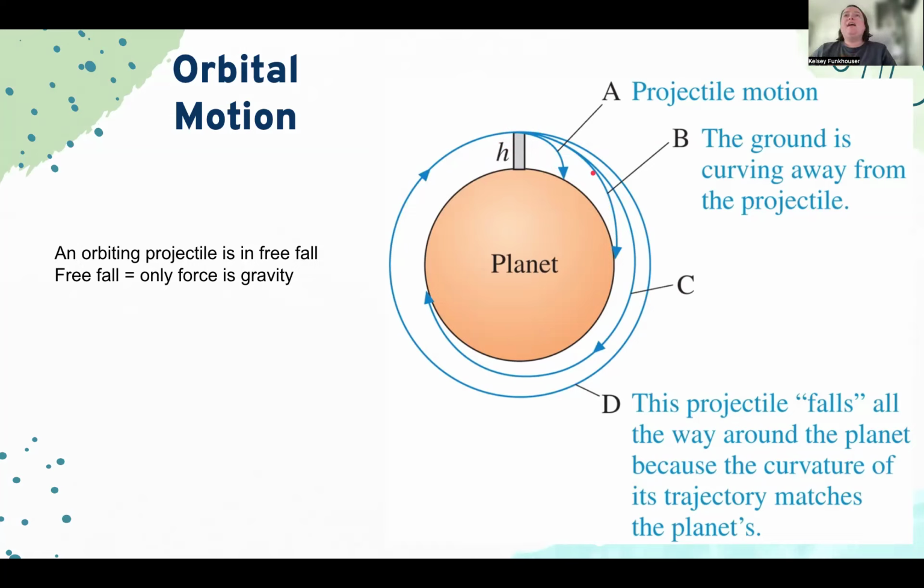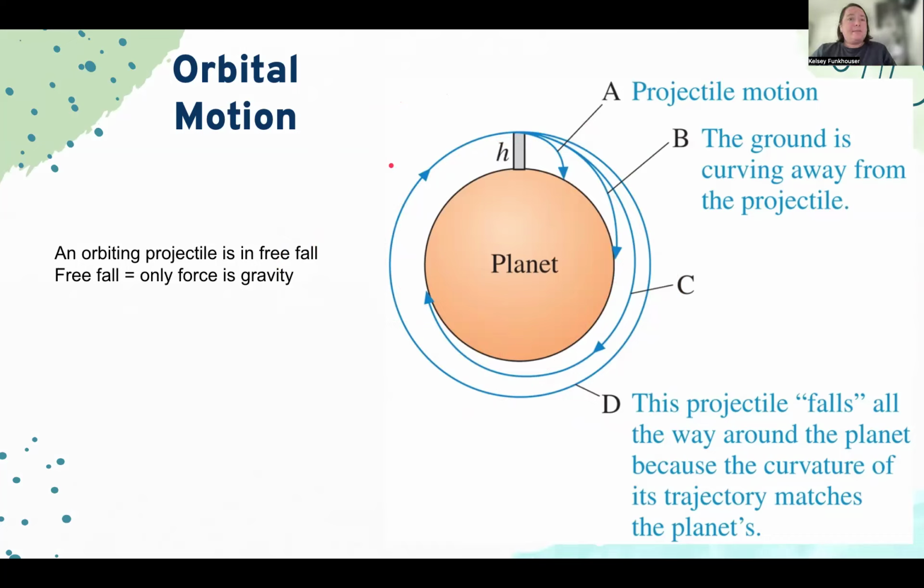But then, again, if we continue to increase the speed, it is again falling away, so that it actually lands at an even further point. But eventually you can get it going fast enough that it ends up just falling all the way around the planet, and in turn actually just orbiting the planet.